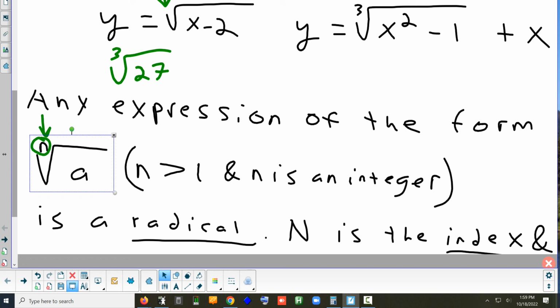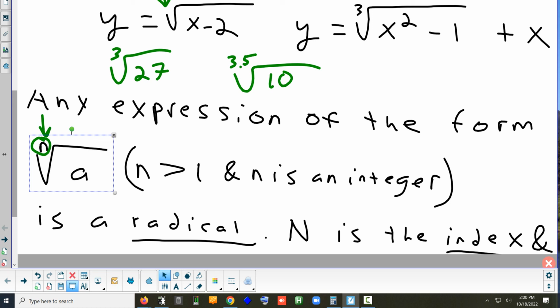The index can't be anything you want. First of all, the index has to be positive. It has to be greater than 1. And it has to be an integer. You cannot do the 3.5th root of 10 and have that be called a radical expression.